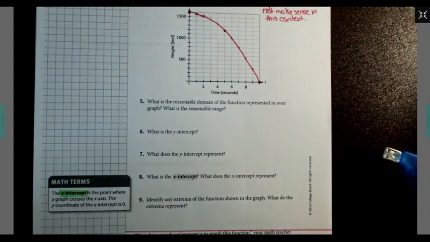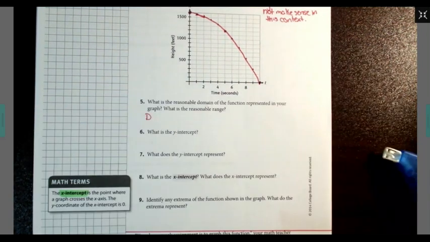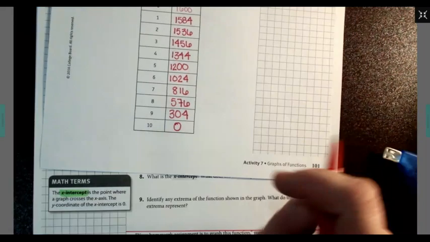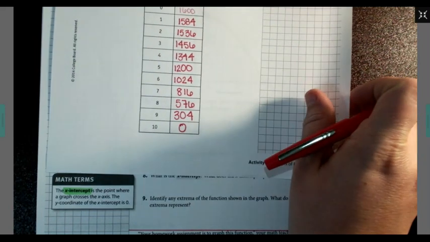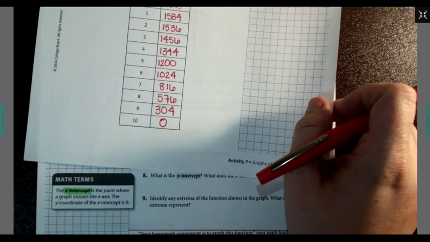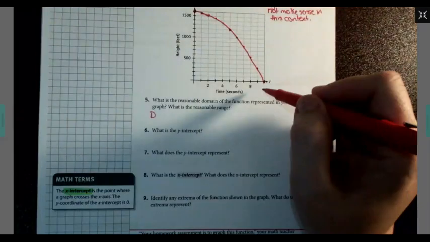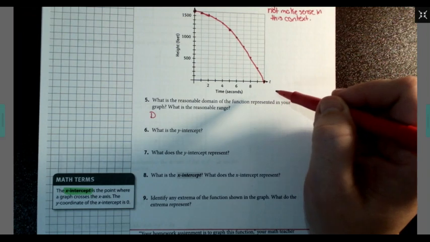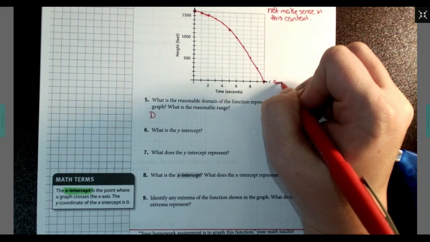It says, what is a reasonable domain of this function represented in your graph? Well, what happens at 10 seconds? At 10 seconds, we have a height of 0. Now, let me ask you. If we went to 11, my guess is this graph is going to continue to keep this pattern up, right? And it's going to go down here. But remember, this is basically my ground.